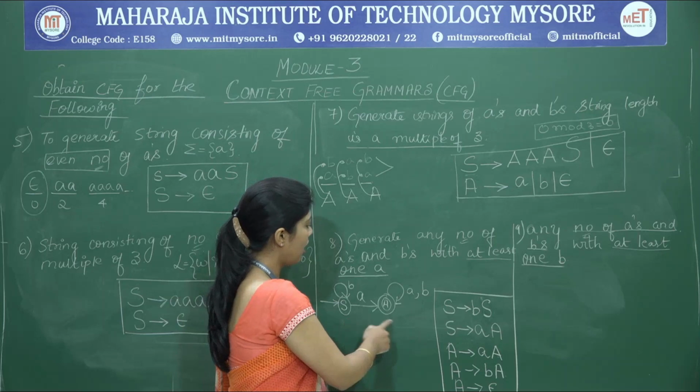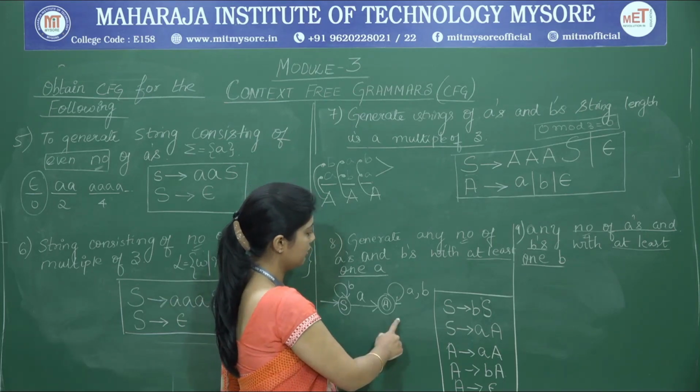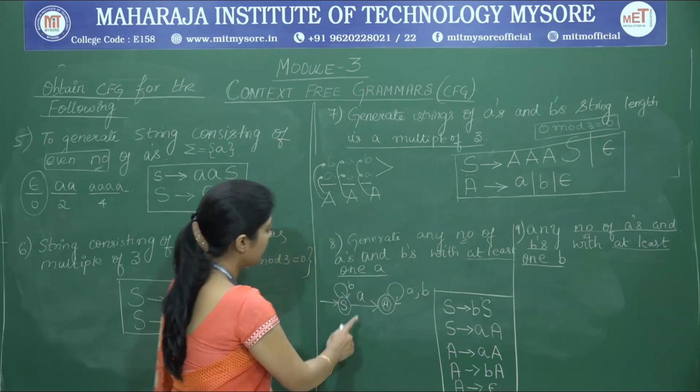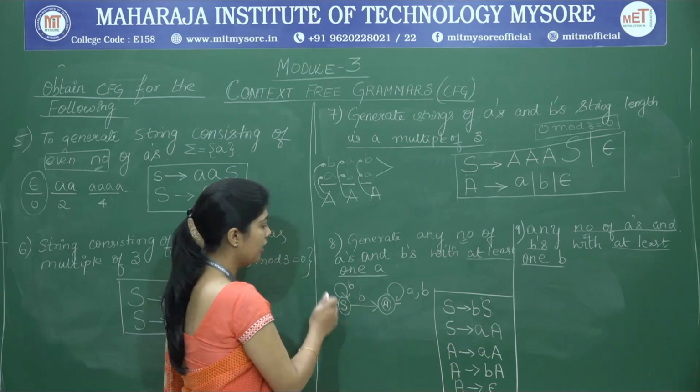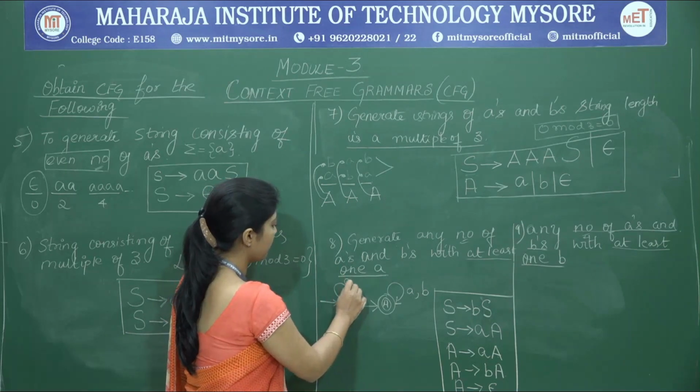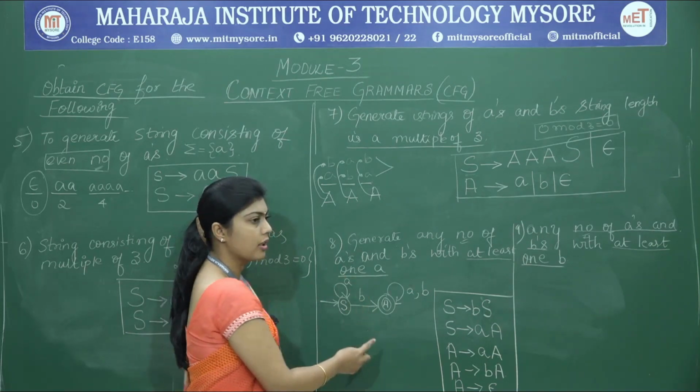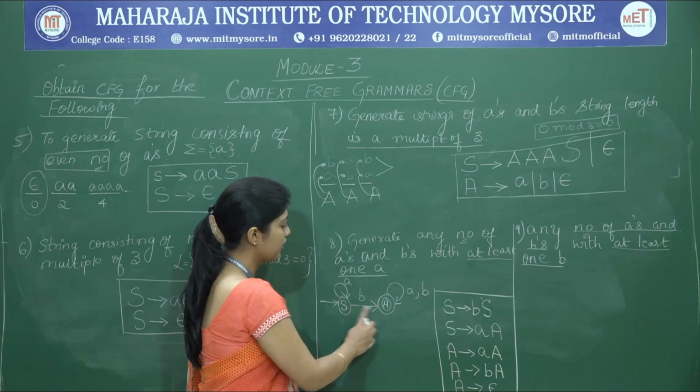So therefore, how do we define the problem? Here instead of A, it's going to become B, and instead of this B, it is going to become A. So here we are making sure that at least one B is present.